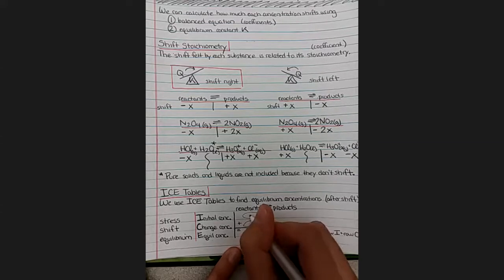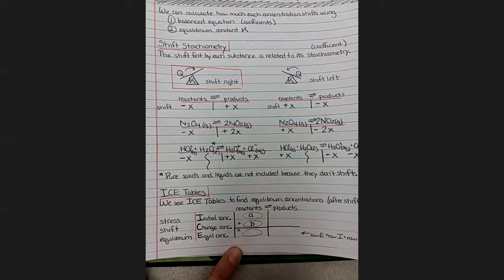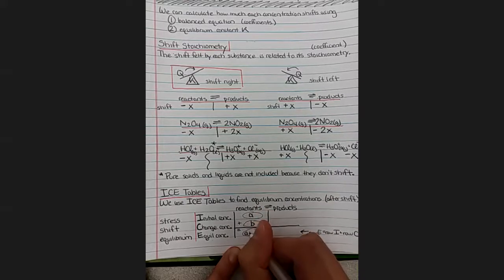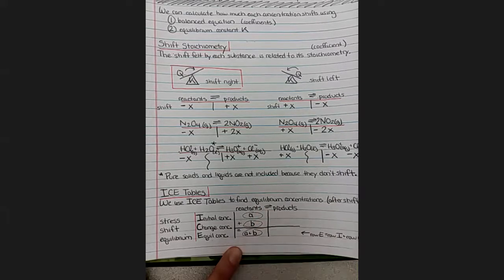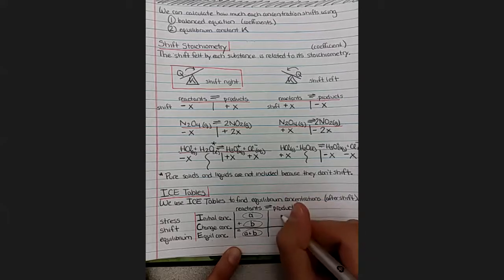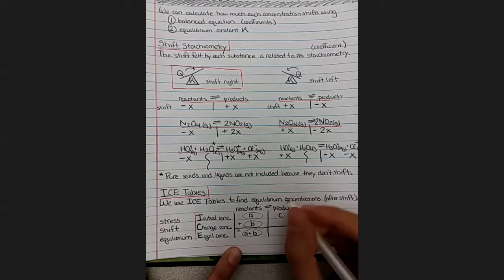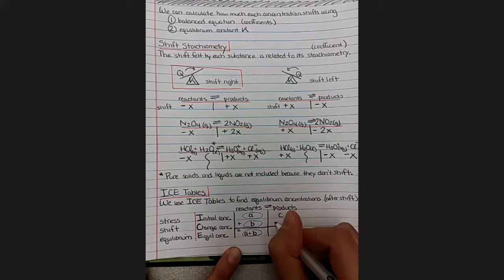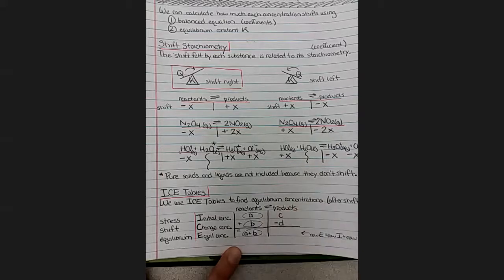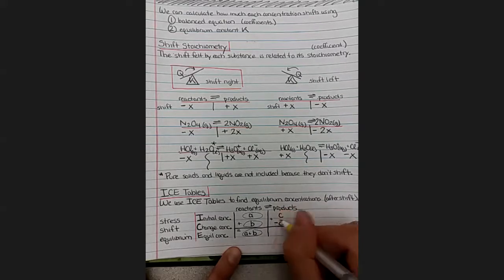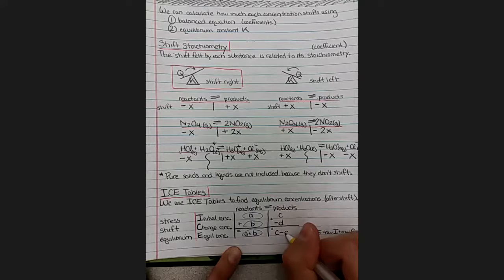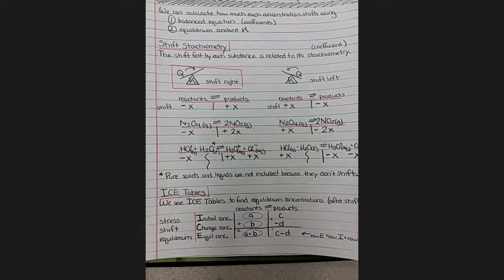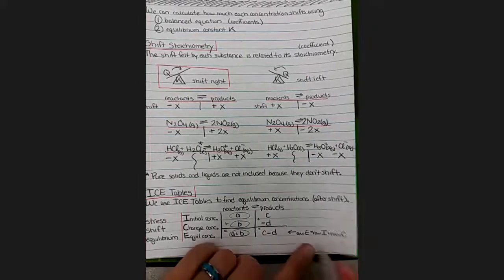So if we had like an A here and a B, we could add them together and get A plus B for our equilibrium. Or if we had a negative number, let's say we had a C and our shift was a negative number, we would still add the positive and the negative number together to get C minus D in our equilibrium rows.